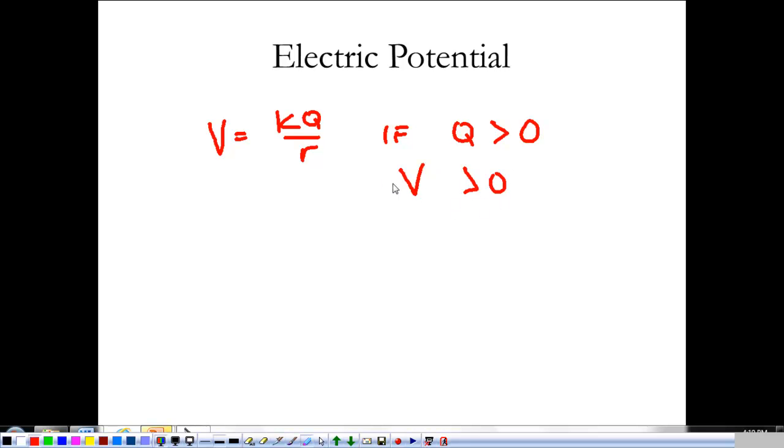So I get positive voltage from positive charge. But if Q is negative, then voltage also will be negative. I get negative voltage from negative charge. That's the only place I can get negative voltage is negative charge. And the only place I can get positive voltage is positive charge.